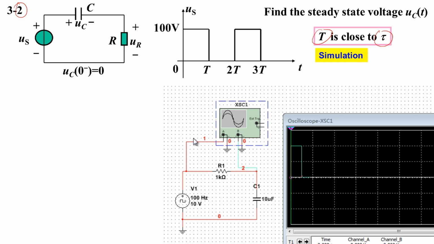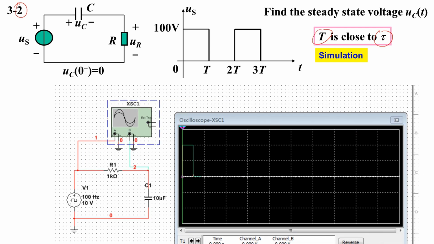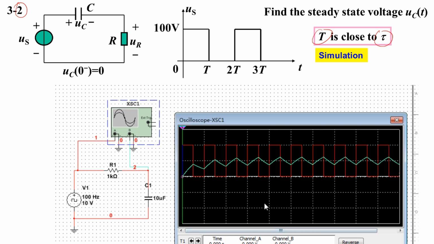For the oscilloscope, the red line measures the square wave, and the blue line measures the capacitor voltage. Run the simulation. You see, from the 0 point, the capacitor is charged and discharged, charged, discharged, charged, and discharged. After several cycles, it enters a steady state.